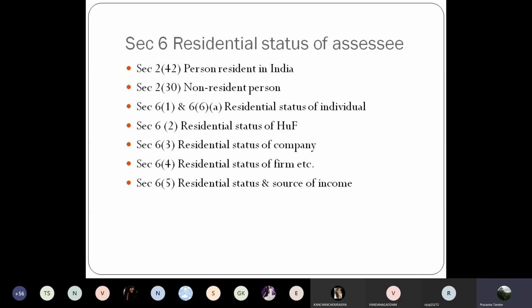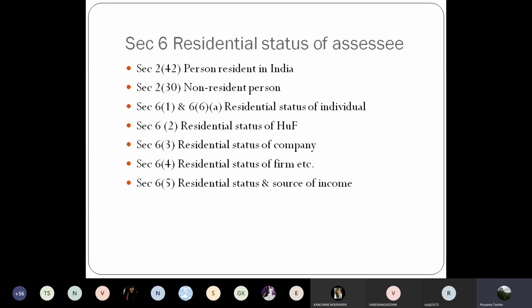And then section 5 is a very general provision which says that if for a particular source of income your status is resident in India, then for all other sources of income also the status will continue to be that of resident in India. That means you cannot have a different status for different types of income, for different sources of income. For one source of income, if your status is resident, then for all other sources of income also your status will continue to be that of resident in India.